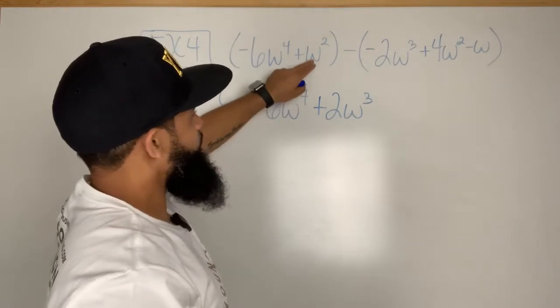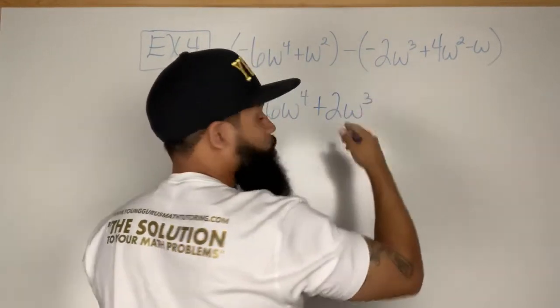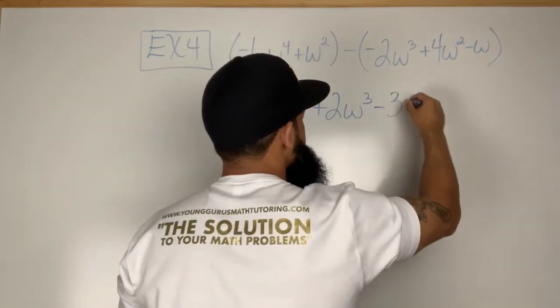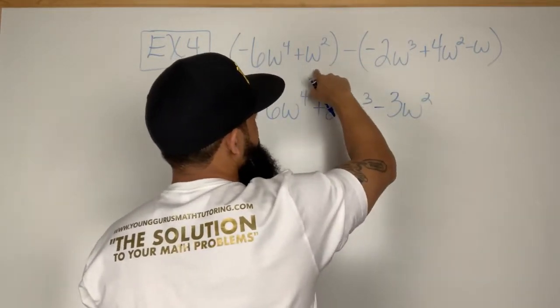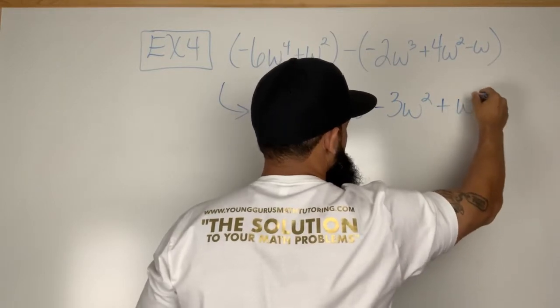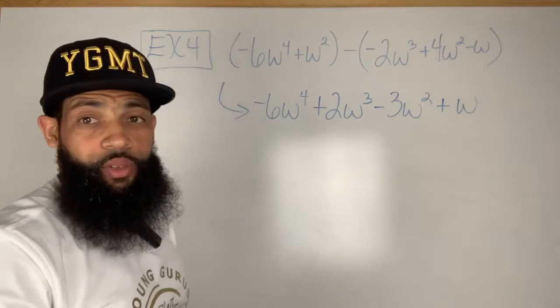W squared, I have 1w squared minus 4w squared. So 1 minus 4 is negative 3. And then there's no w term here. So 0 minus negative w is just like 0 plus w. So this is our final answer.